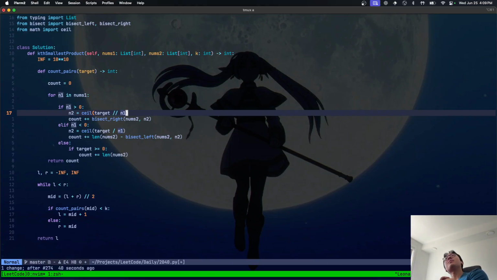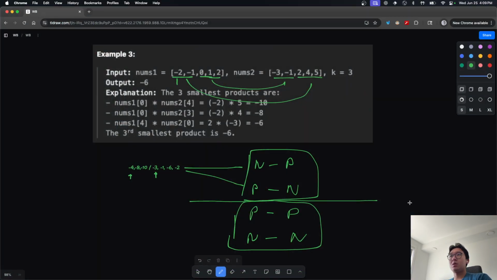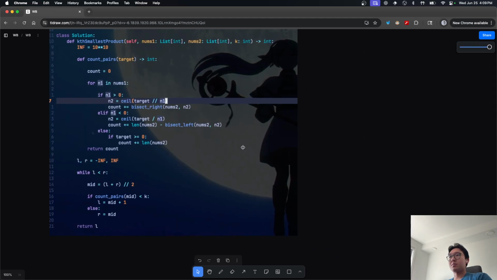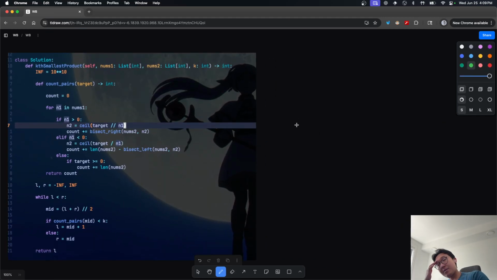So target divided by 1. Okay, so we want the target, but we want to do something smaller. Let me copy this code so I can draw. Let's say we have the numbers, and after the target, let's say it's a float, and it stays maybe right here.